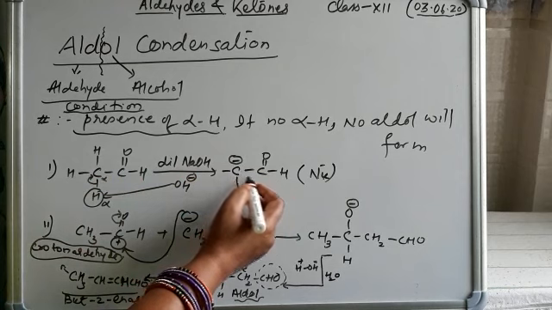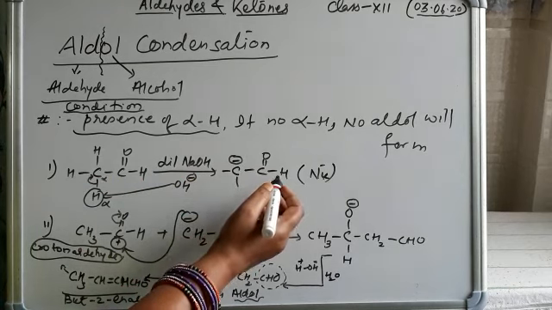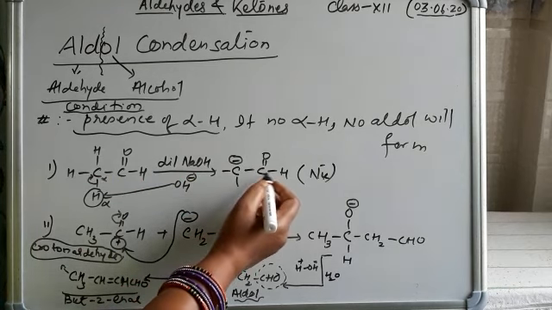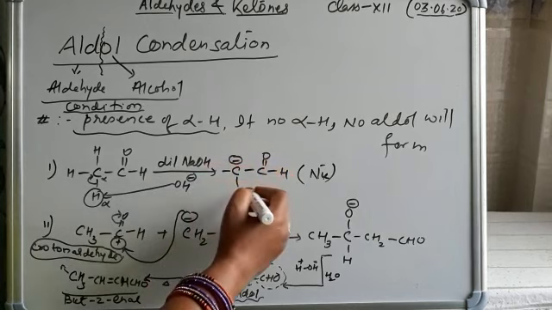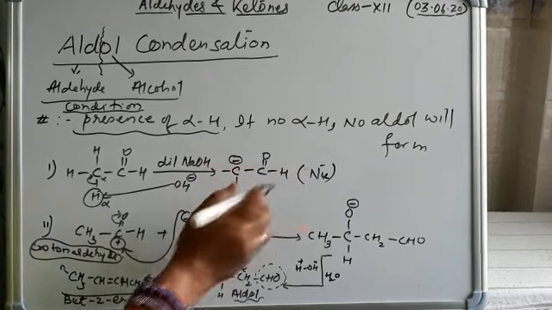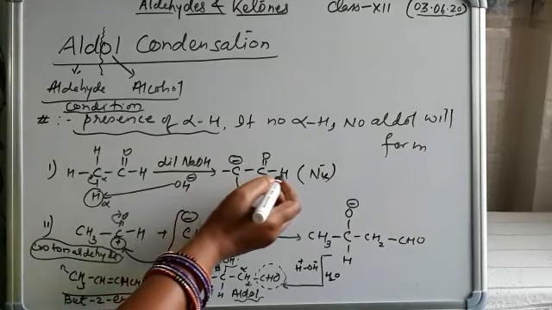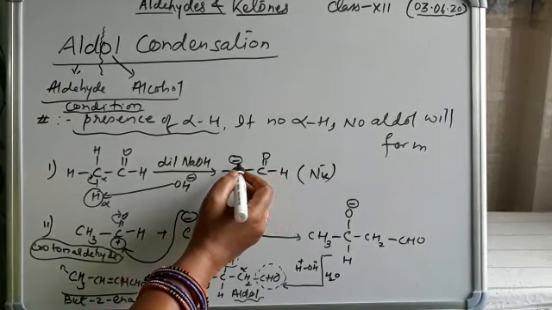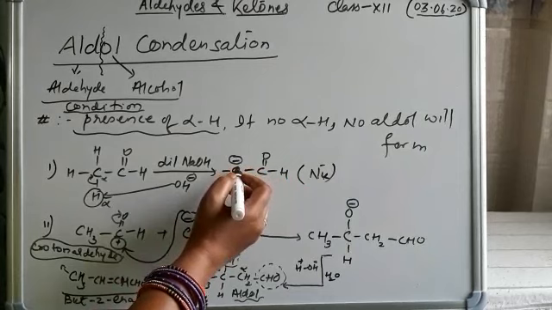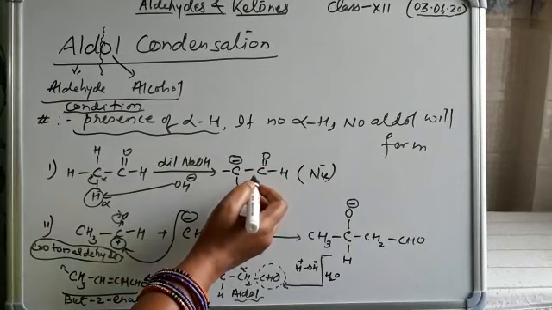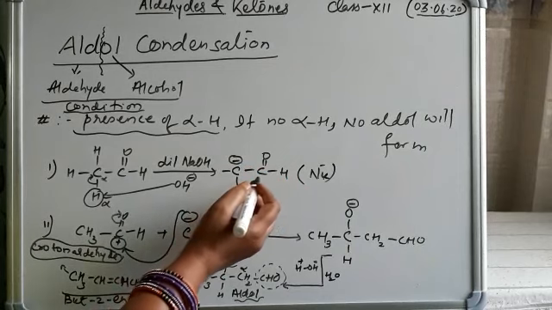We can say that an enolate ion is formed, and this is the formation of the nucleophile. This molecule behaves as a nucleophile because negative charge is present on the carbon, and this compound is resonance stabilized.